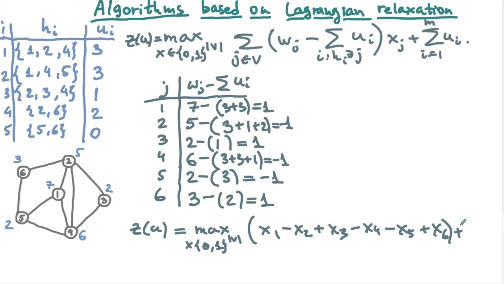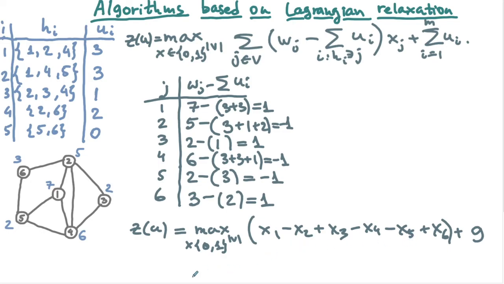And then we have the summation of ui's, and the summation of all the ui's is gonna give us 3 plus 3 plus 1 plus 2 is 9. So clearly the maximum of this is going to be obtained by setting x1, x3 and x6 to 1 and x2, x4, x5 to 0.